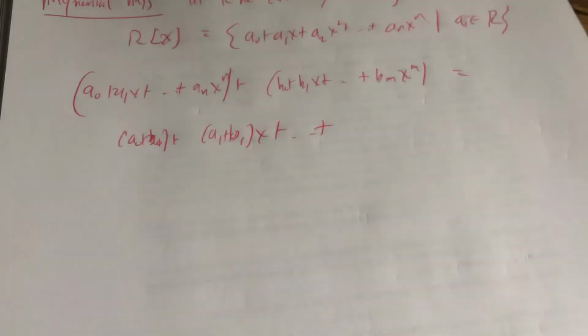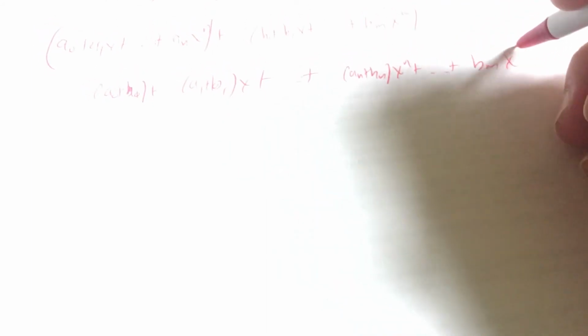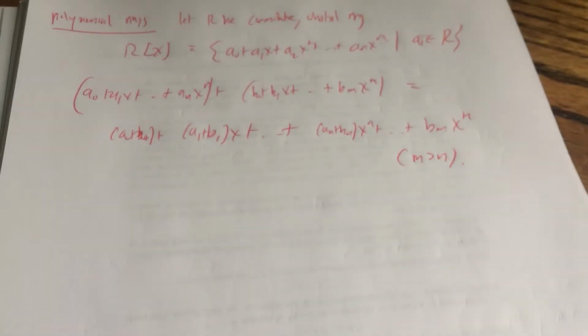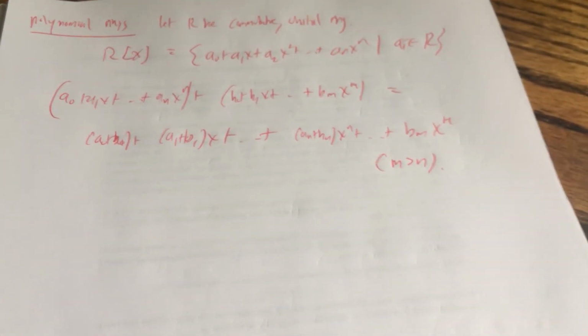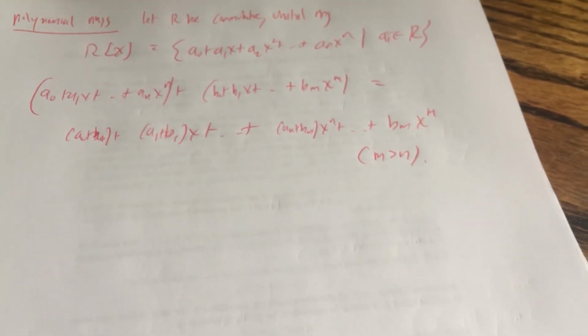I almost gave you the wrong definition of addition in a polynomial ring. Then I have to go up to the highest term: an plus bn times x to the n, plus up to bmx to the m. Here I'm assuming m is greater than n. You can easily modify the definition if it goes the other way. So you literally just add the two expressions.